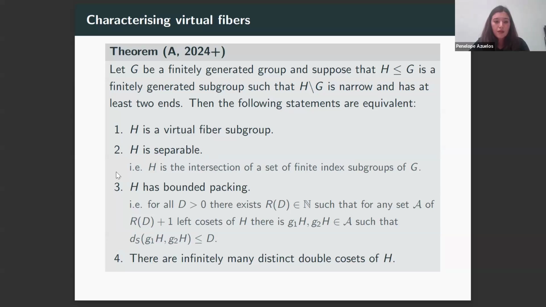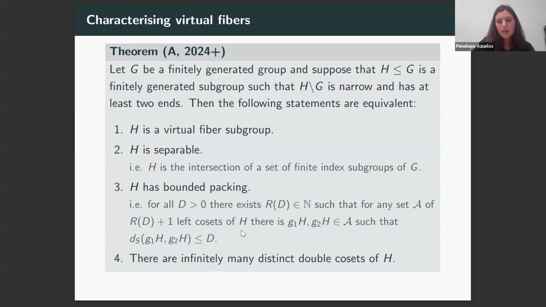This is a result of Yang. And then as long as you assume that H has infinite index in G, then 3 also implies 4. And again, this just follows from the definition. So what this theorem is doing is going the other way. And to go the other way, you really do need some extra assumptions, and this breaks down in general. So being a virtual fiber is significantly stronger than being separable, and so on.